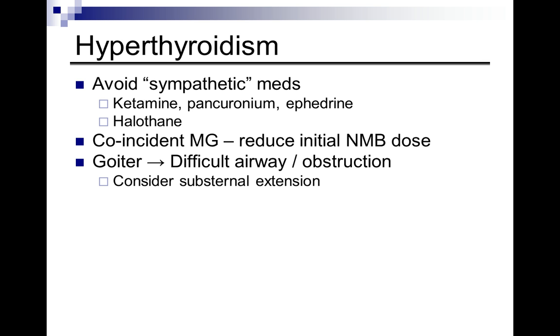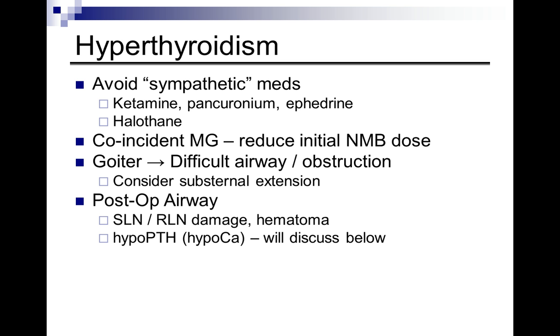Patients who have a goiter may have a difficult airway and may be at increased risk for airway obstruction, and remember that goiters can extend below the sternum and cause mediastinal mass-like pathology. Post-operative, after any neck surgery, including thyroid surgery, we have to be aware of the possibility of nerve damage, specifically the superior laryngeal nerve and the recurrent laryngeal nerve, leading to possible dysfunction of the vocal cords and stridor or obstruction.